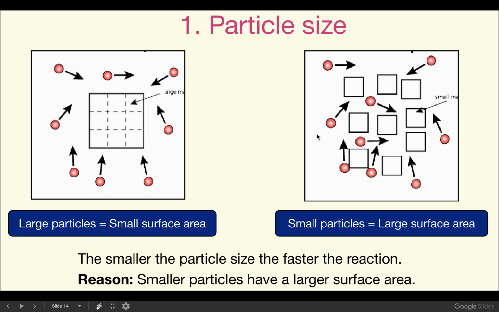And probably your hypothesis straight away would be the tablet that was broken up, because the particles in this case have a larger surface area to work on.